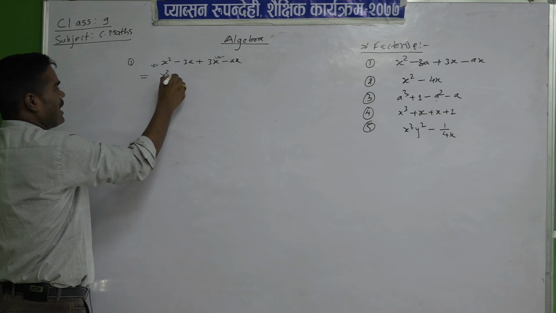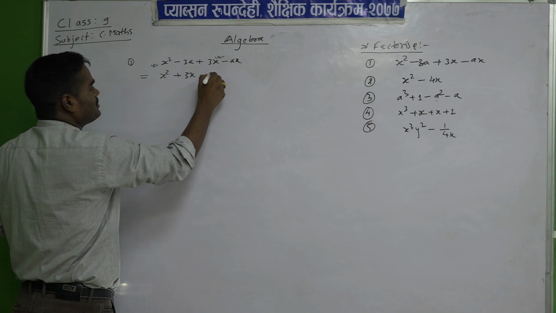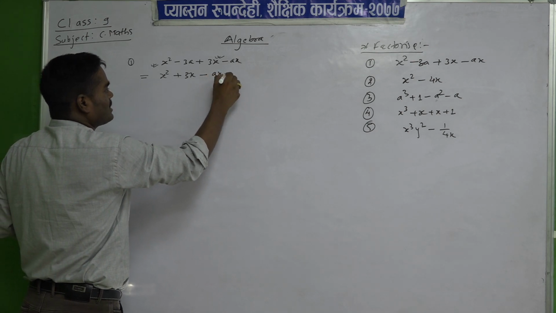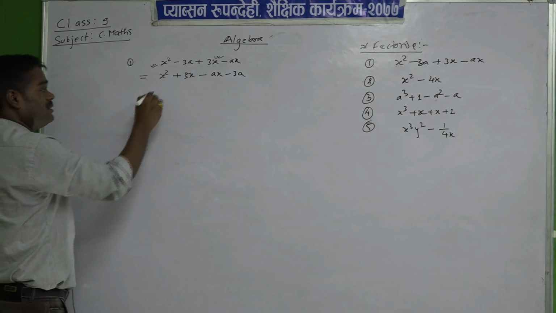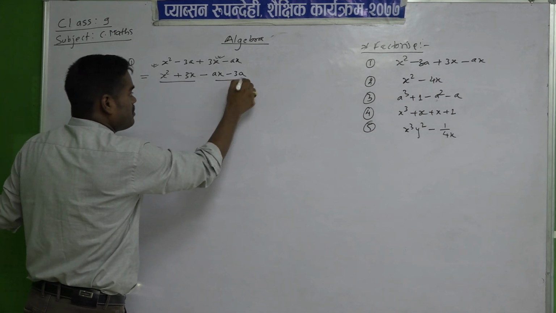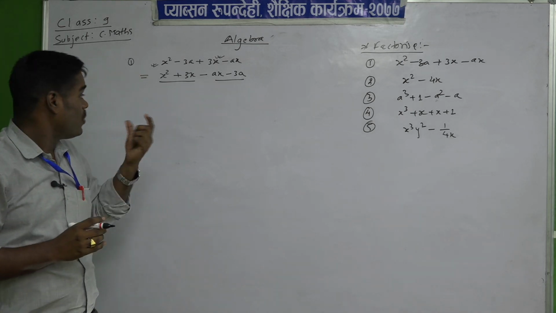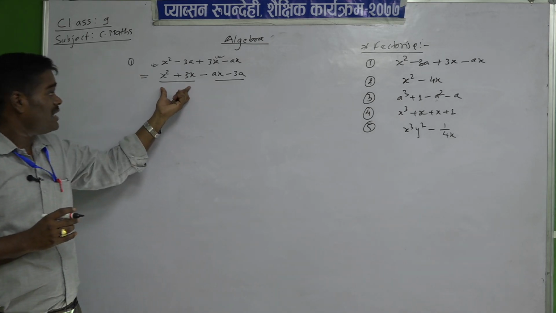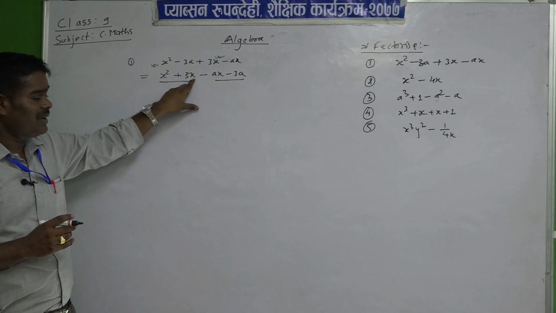So, x square plus 3x minus ax minus 3a. Now, in between these 2 terms we have to take the common factor. Here is x power 2, here is x power 1.